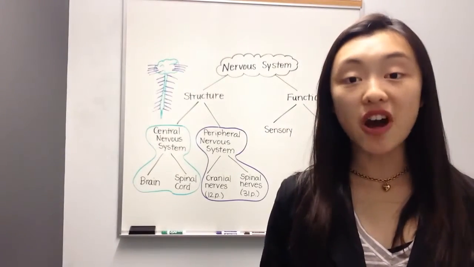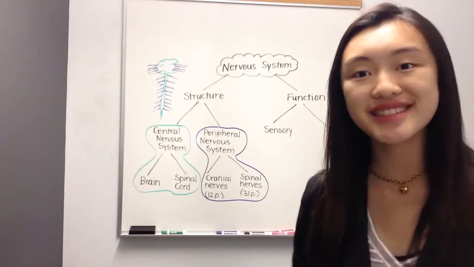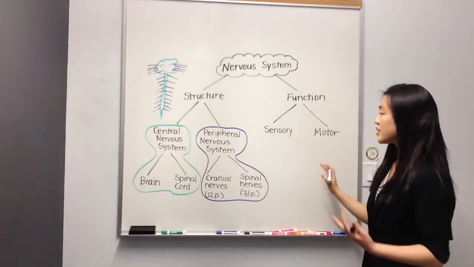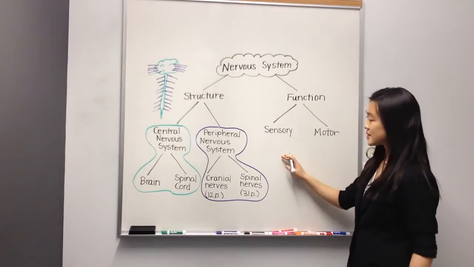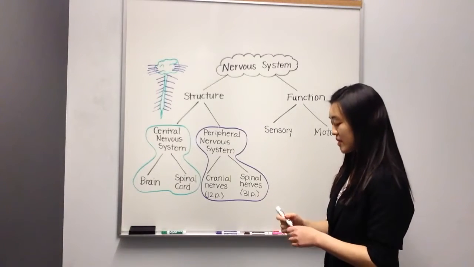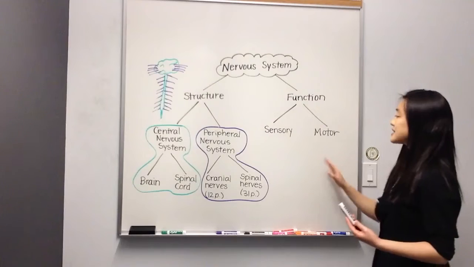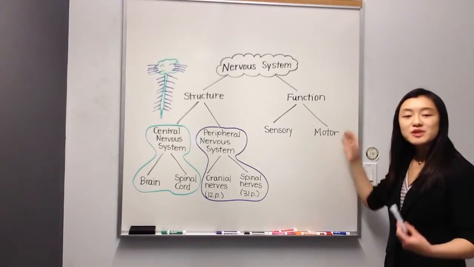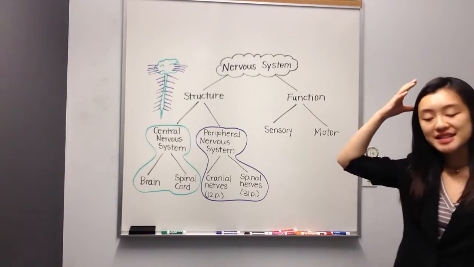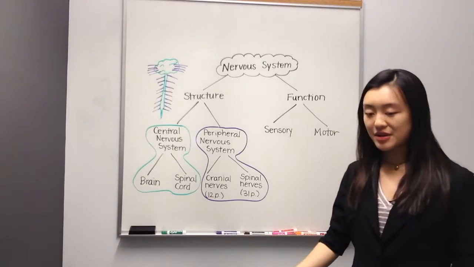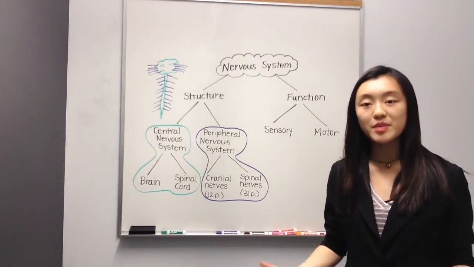In this sense, we call it motor neurons. Let me reiterate that again. Sensory neurons carry information from the outside and bring it into the body. On the other hand, motor neurons will take the information that we synthesized in the brain and send it out towards the body to perform a movement.